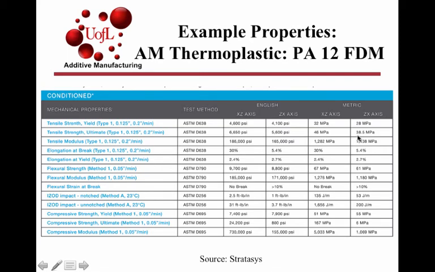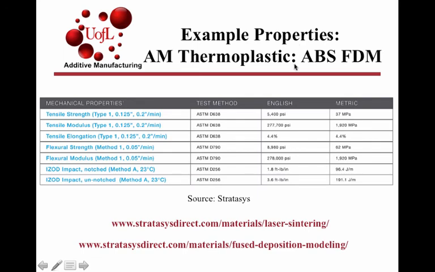or similar material. Here's a copolymer, acrylonitrile butadiene styrene, ABS copolymer, processed by fused deposition modeling. It has a tensile strength below 40 megapascals as well, slightly lower than that for a nylon, but its impact strength is much better. Here are some websites that give you more information from Stratasys about some of these properties.